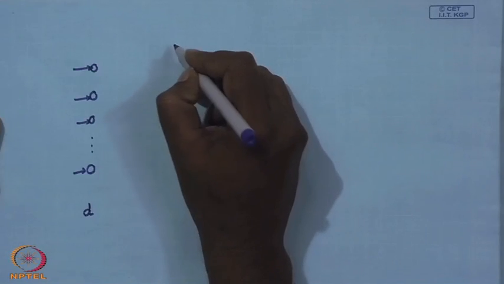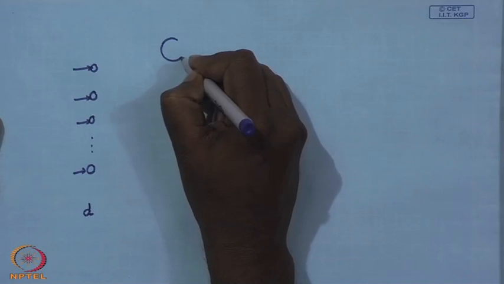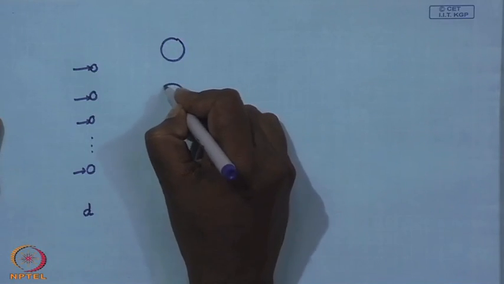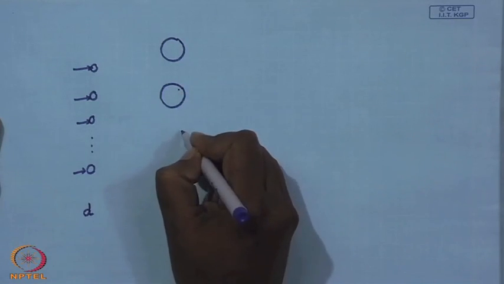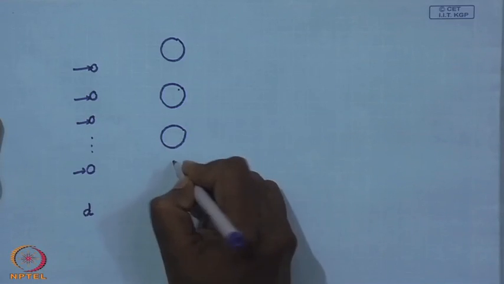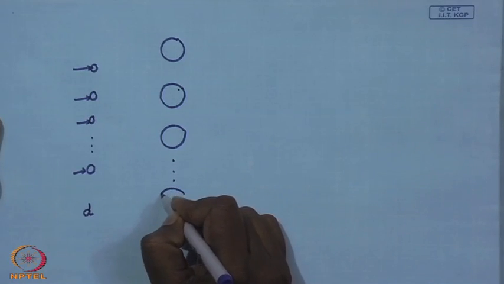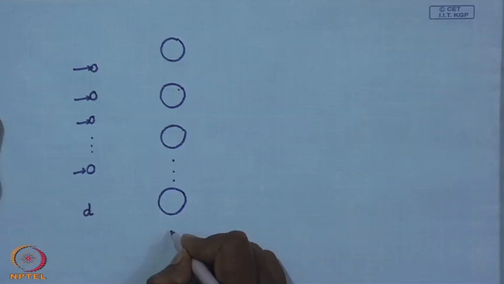In the hidden layer, I will have a number of nodes, and suppose the number of nodes in the hidden layer is say capital M. So, as we discussed in our previous class, the purpose of the hidden layer nodes is to project the d dimensional feature vector into a higher dimensional feature vector.